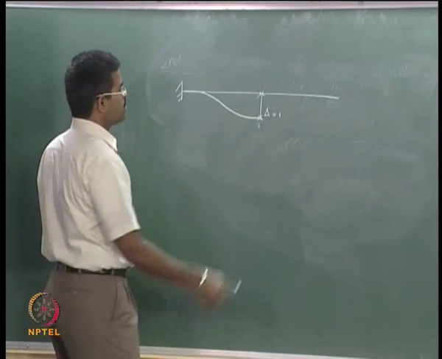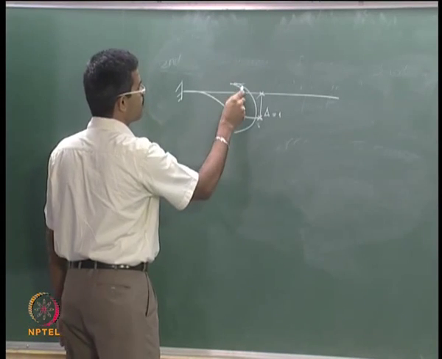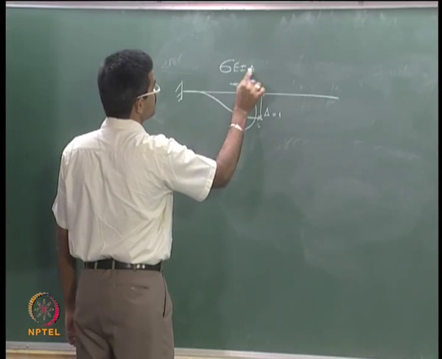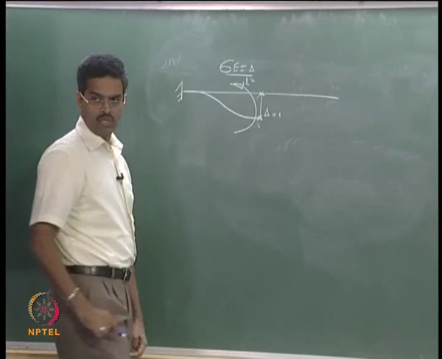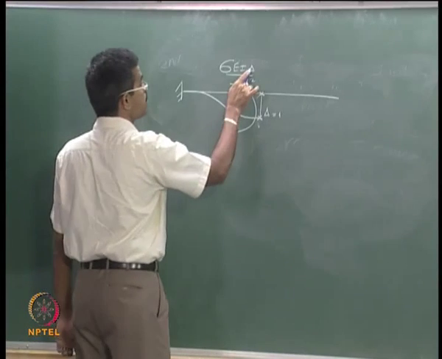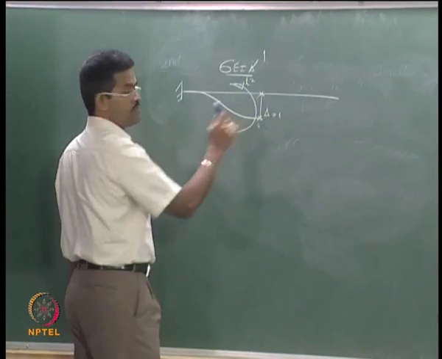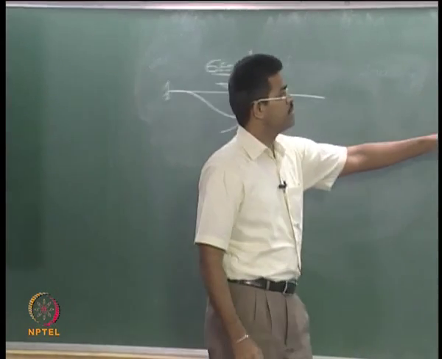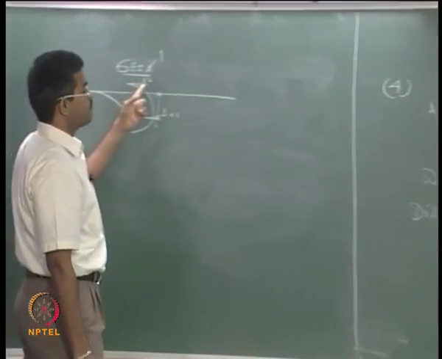So if you do that, obviously this will invoke a moment which is 6 EI delta by L square. Delta in my case is unity, that is by definition, and I in the left half is I, whereas L in the left half is L by 2.